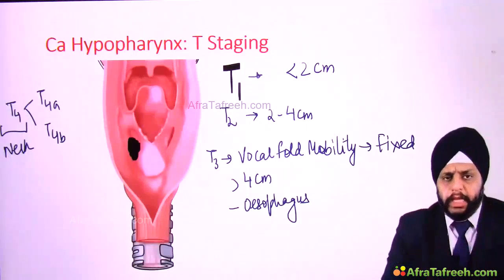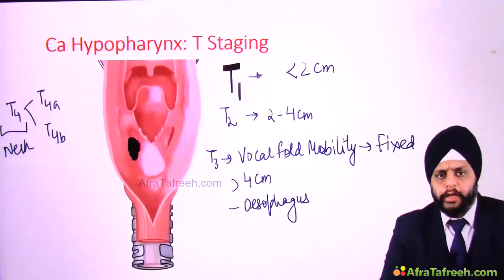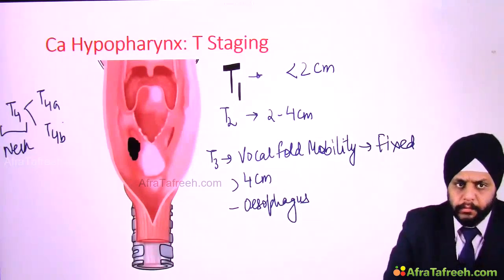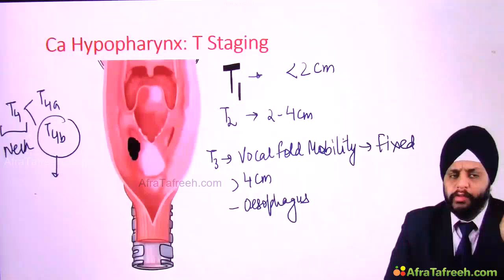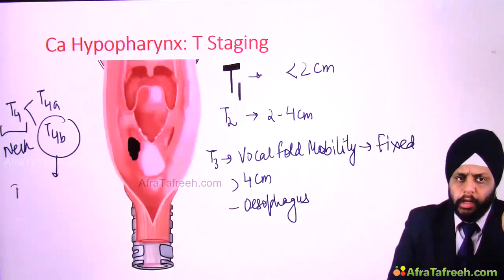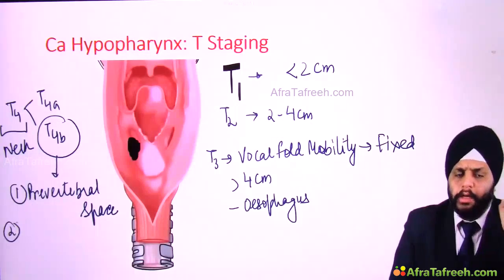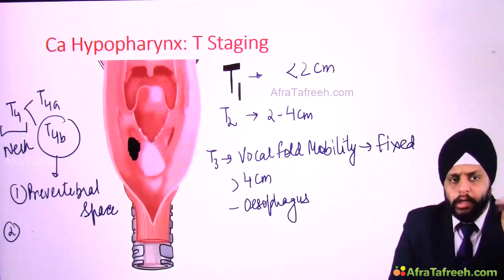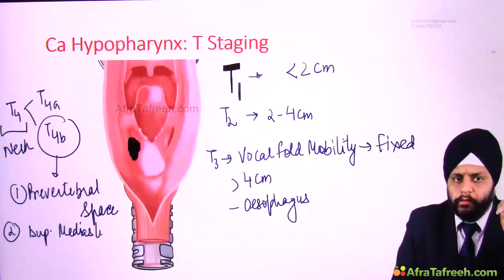Now, how will we say it is T4A or T4B? So very easy to remember. Let's look at T4B. There are three places where if it goes, it will be known as T4B. Number one is the prevertebral space. Number two is the superior mediastinum, so it goes in the chest.